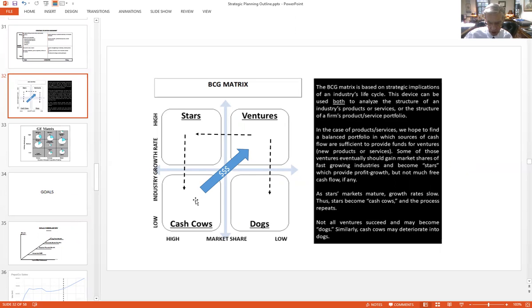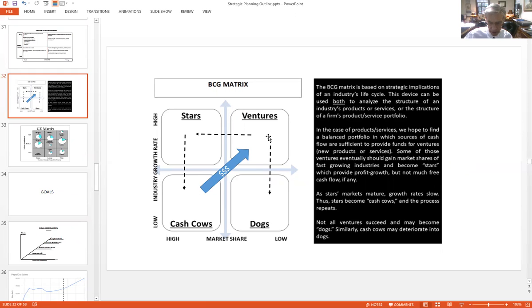most basic of all is we're going to take the cash from the cash cow. We're going to invest in the ventures, which hopefully will turn into stars, but over time they'll become cash cows. And this process, if we're good strategic planners, will just keep going on. I call it a cash pump, and it's a beautiful thing to behold when it works right.